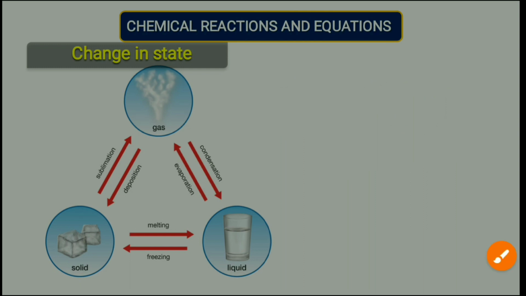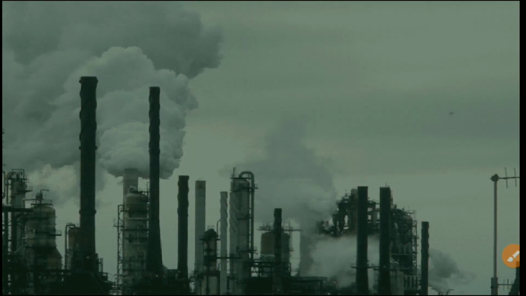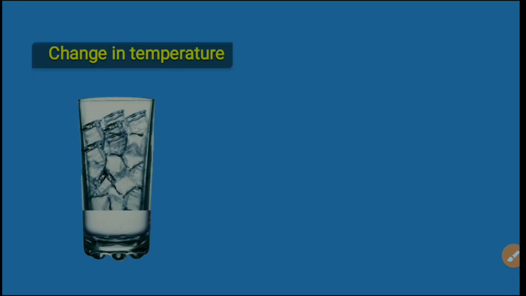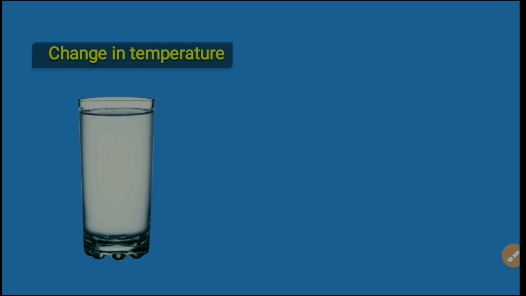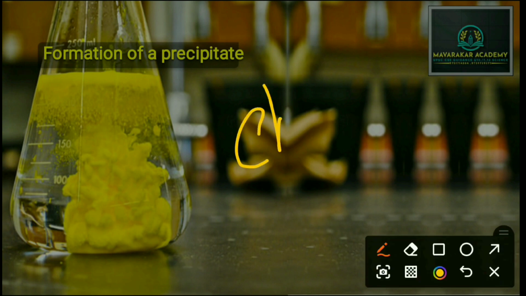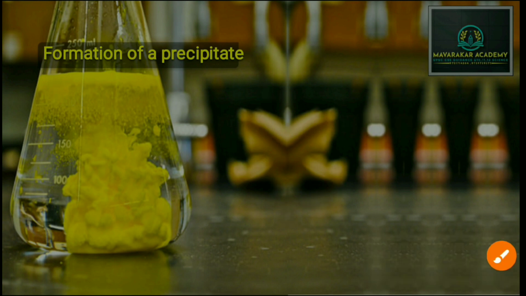Nothing but any change in state, change in color, evolution of gas, change in temperature, or sometimes formation of a precipitate. If you find any one of these activities, it can be said that a chemical change has taken place, that is, a chemical reaction. Okay, yes, we have glanced at the definition.